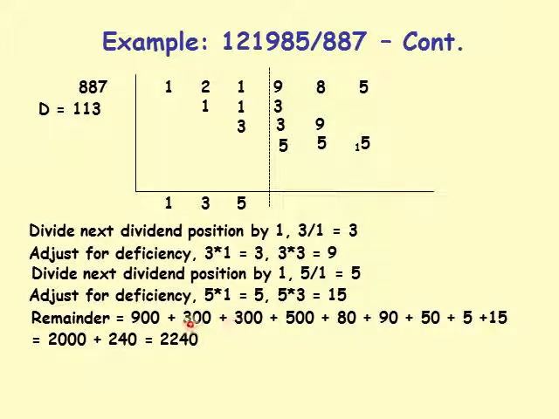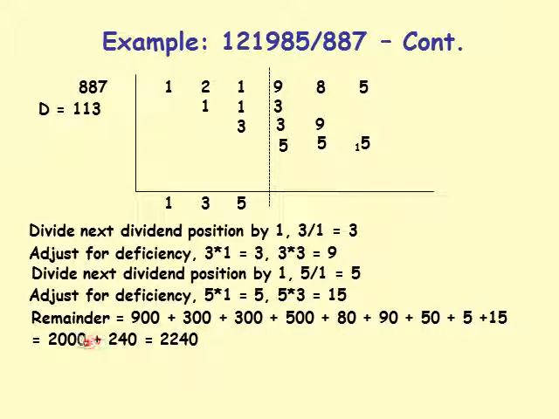Okay, so here 300 plus 300 is 600. 600 plus 900 is 1500. 1500 plus 500 is 2000. 80 plus 90 is 170. 2000 plus 170 is 2170. Plus 50, 2220, plus another 20.